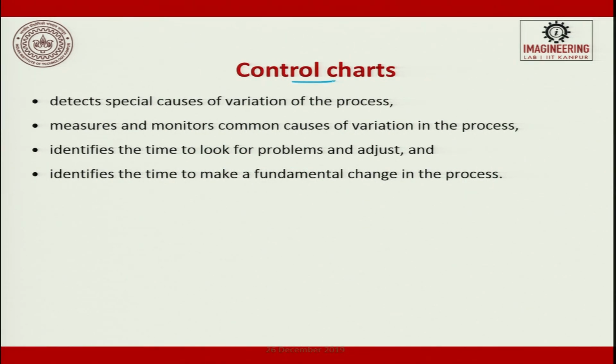The control charts are used to find the defects and special causes of variation in the process, measure and monitor common causes of variation in the process, identify the time to look for problems, and identify the time to make a fundamental change in the process. So, for all those things we use control charts exhaustively in quality control.